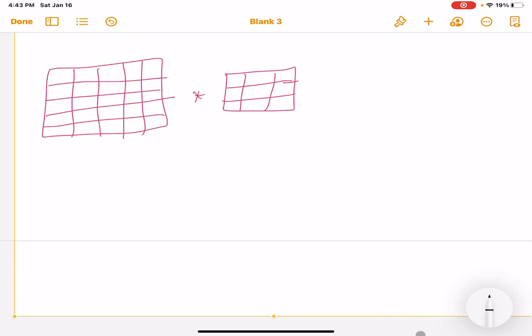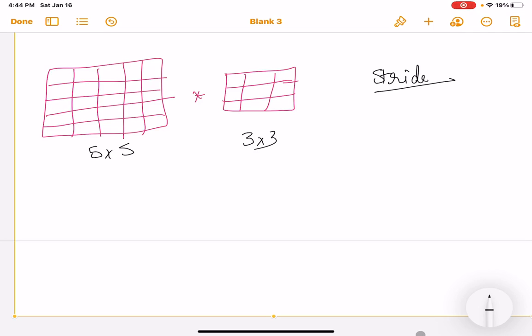I also wanted to introduce a term called stride. Stride is the size of the step the convolutional filter moves each time. And usually we keep the stride size to be 1. For example, in the previous example we considered a 5 cross 5 image and a 3 cross 3 kernel.